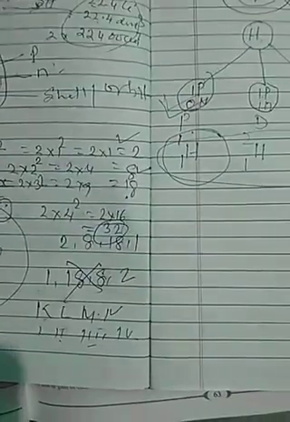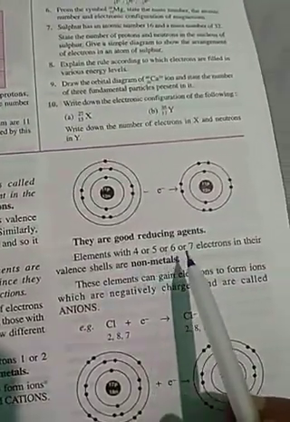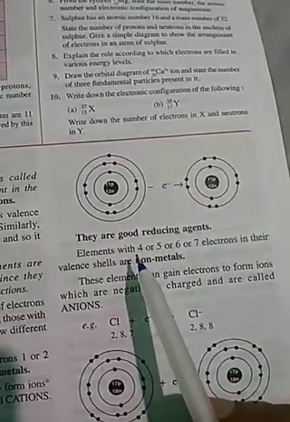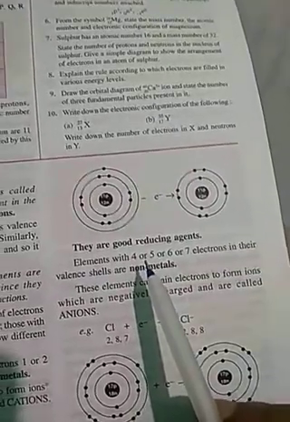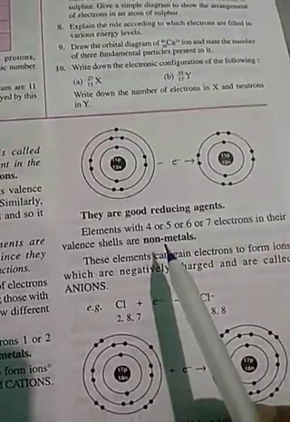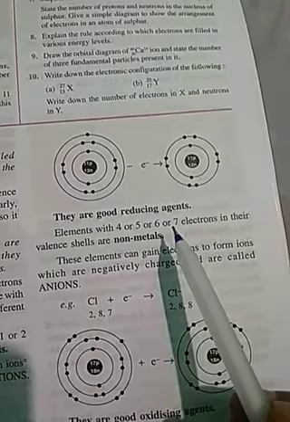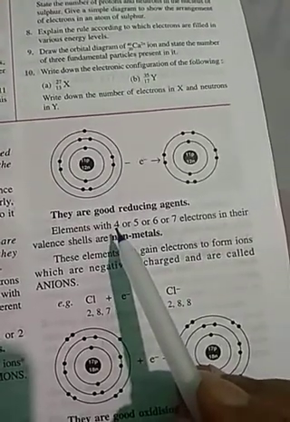Then non-metals. We have just gone through that all the non-metals will have 4, 5, 6 or 7 valence electrons. I have told you they are non-metals and they have 4, 5, 6 or 7 valence electrons. They will never lose electrons except carbon.